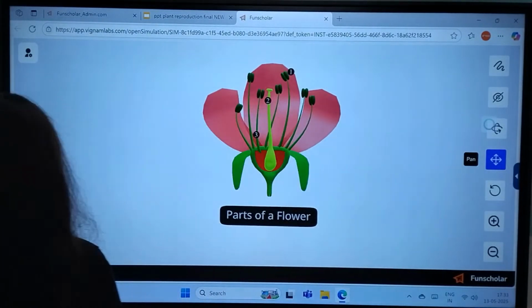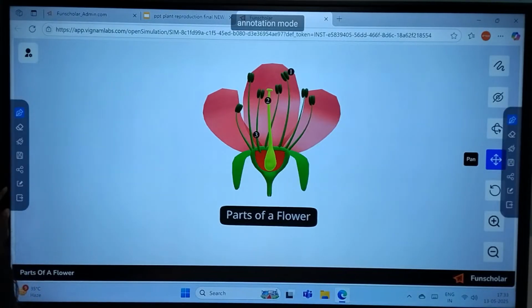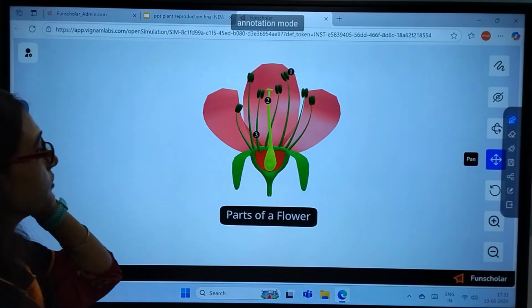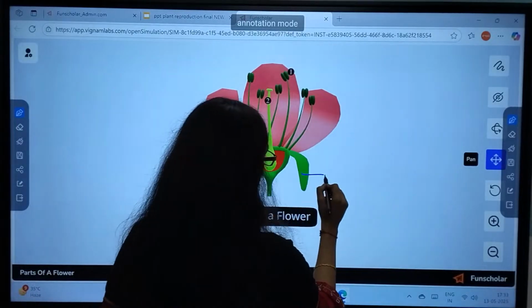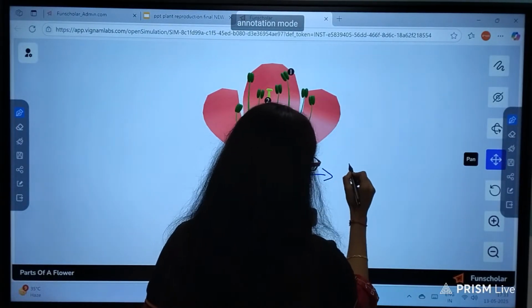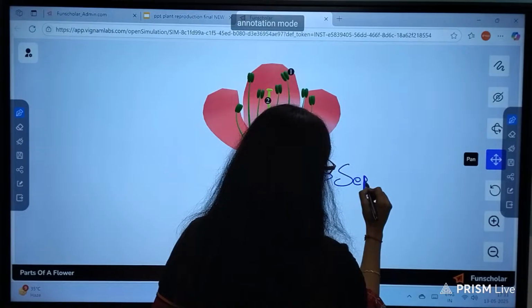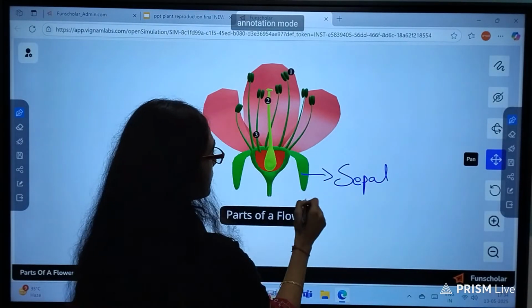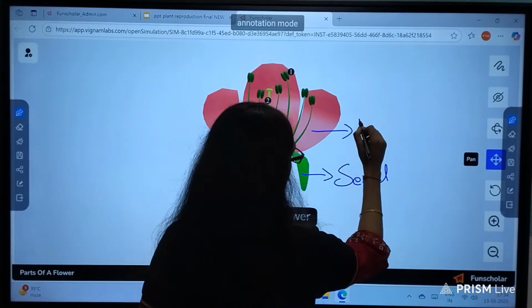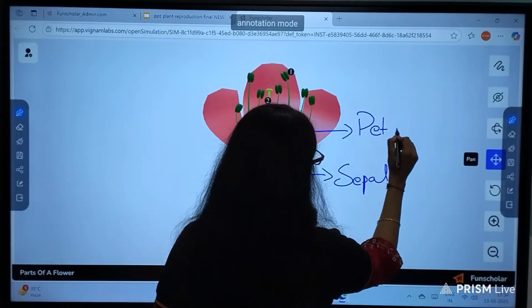See, just now I have shown you. See how beautiful this is. This is what I said, sepal, the green leafy structure. The colorful part is petal.